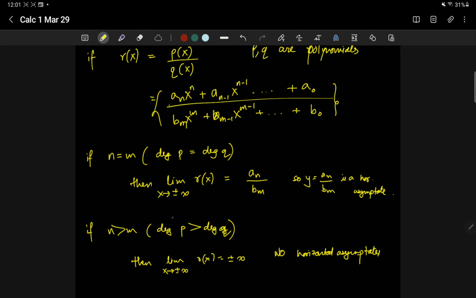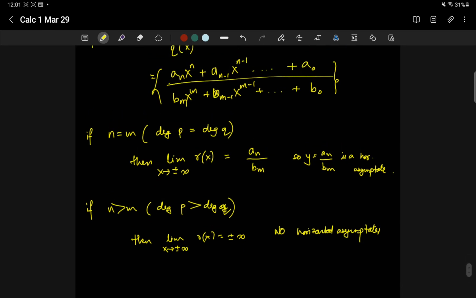Because if the degree of the numerator is more, when you divide, everything in the denominator becomes closer and closer to 0, which means it's going to be some number divided by something really small, which goes to infinity. Or another way to think about it is if the numerator has a larger power, it's much bigger than the denominator, so it goes to infinity.